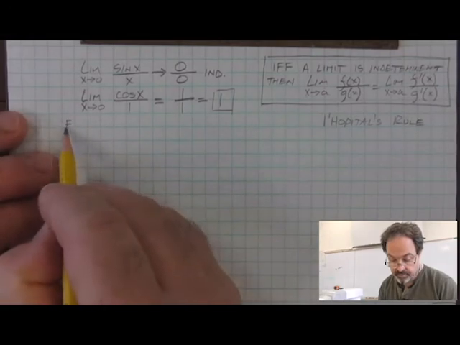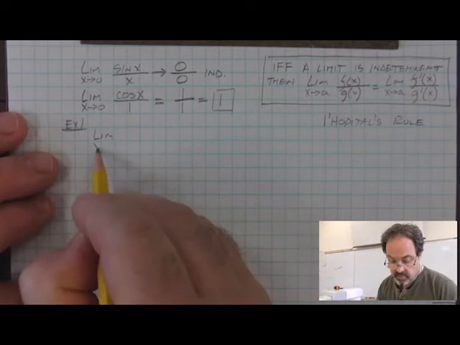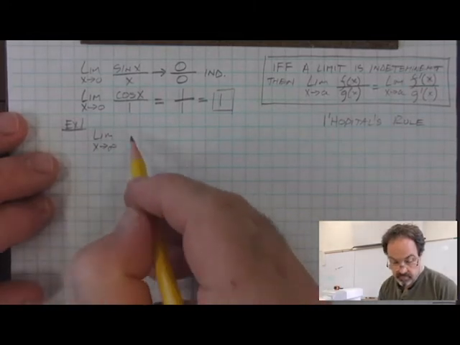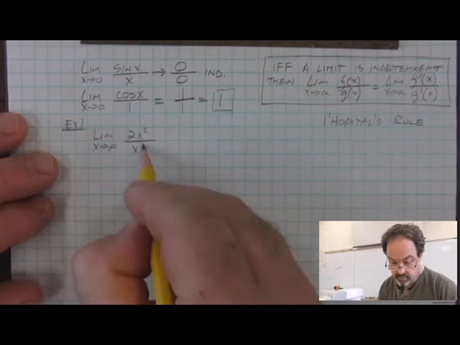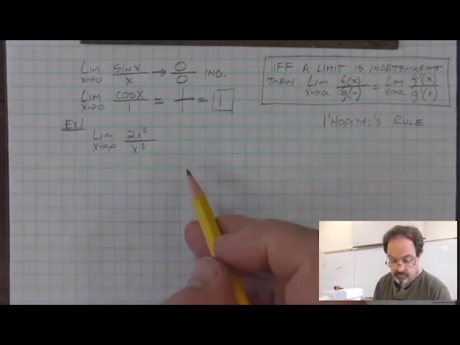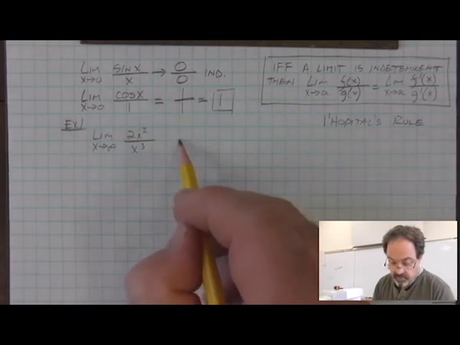Let's see it again. What is the limit as x approaches infinity of 2x squared divided by x cubed? I'm first going to try to attempt the limit.